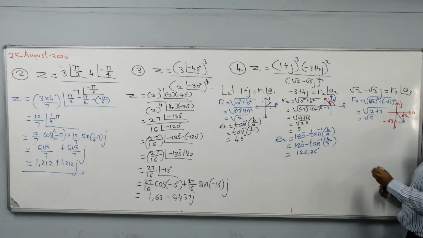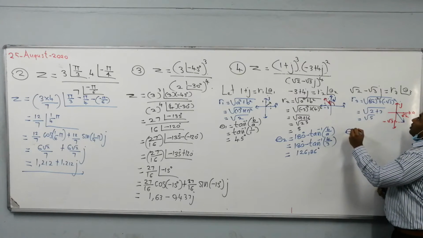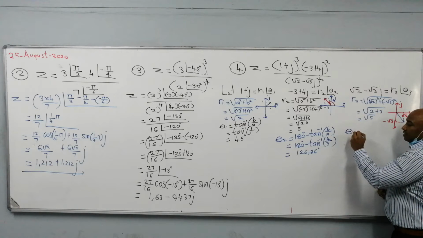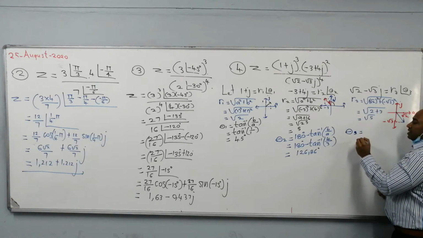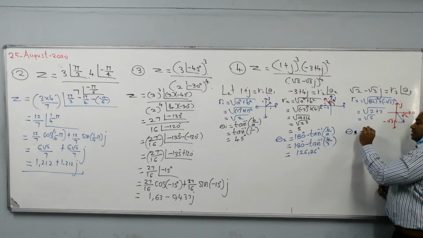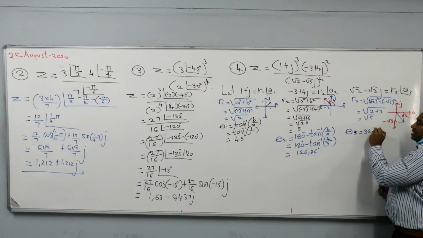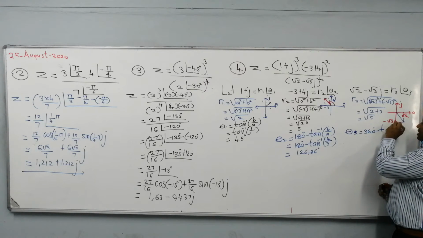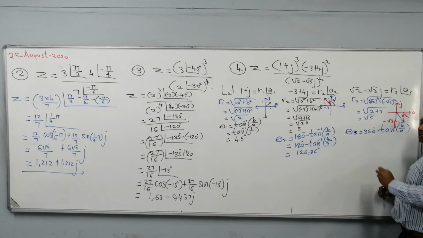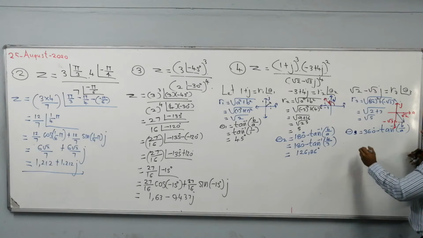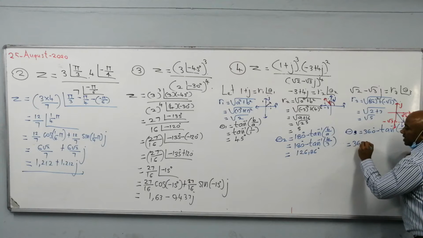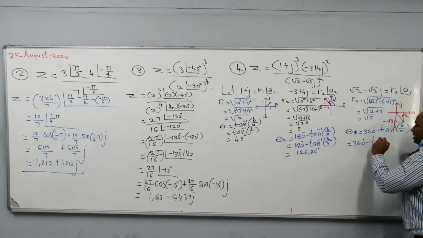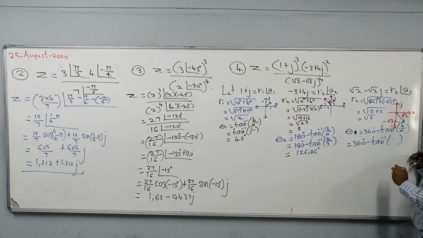In the fourth quadrant, we're calling this theta 3. What do we use in the fourth quadrant? That's 360 degrees minus inverse tan b over a.